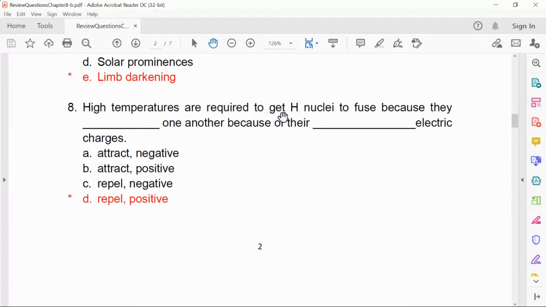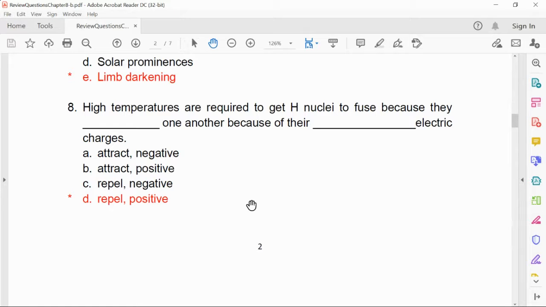High temperatures are required to get H nuclei to fuse because they repel one another because of their positive charge. Remember, in nuclear fusion, it is the nucleus of each hydrogen atom that we want to fuse together. And inside the nucleus in hydrogen, you have a proton.